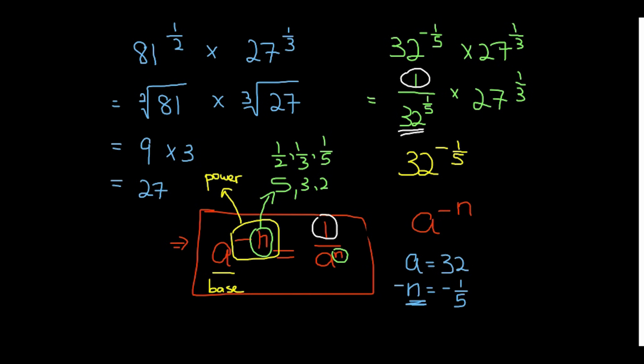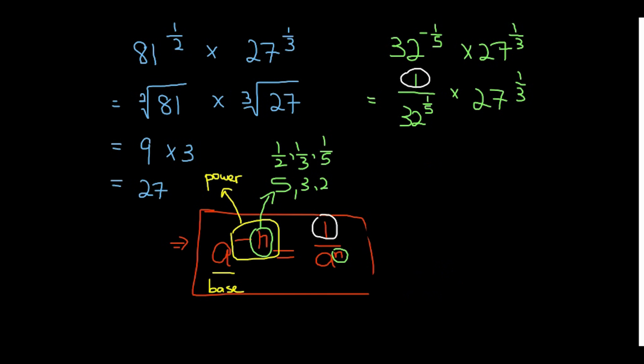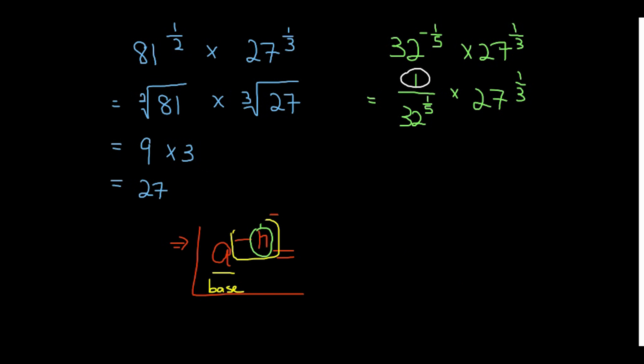So if you know you're going to apply a specific rule to a specific numerical statement, ask yourself, if you compare the rule to the numerical statement, which one is A and which one is N, and if I have to rewrite it as 1 over A to the N, once I know who's A and I know who's N, I'm going to be able to rewrite the statement properly. Alright? So, like I was saying, once you get through that part, all this will start to make sense now. How to simplify these negative powers.